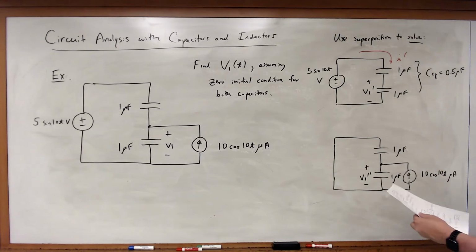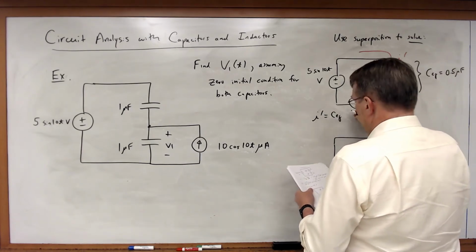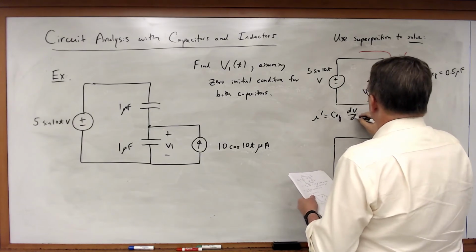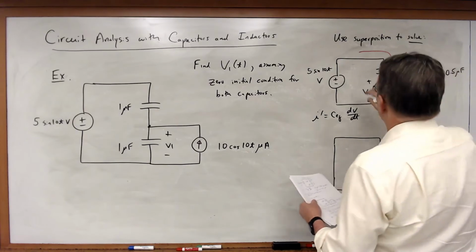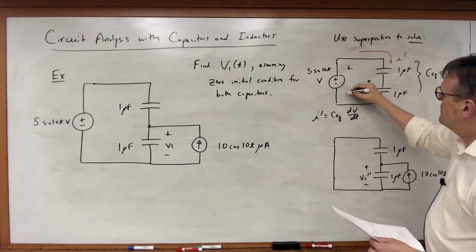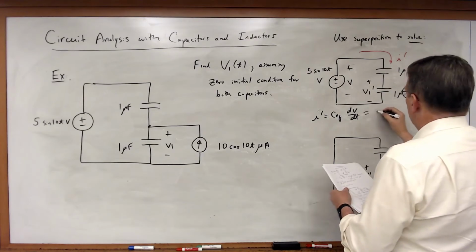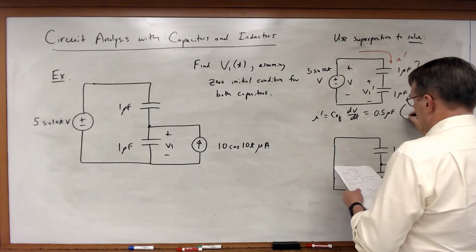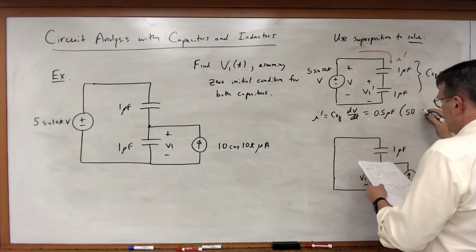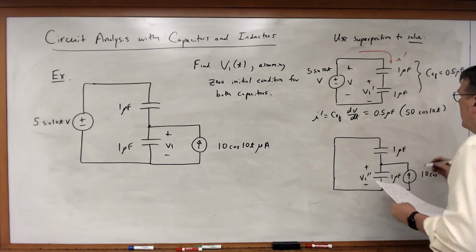And so I prime is equal to CEQ dV/dt, so that's the derivative of the voltage of this source, and therefore this will be equal to 0.5 microfarads times 50 times cosine 10t volts.